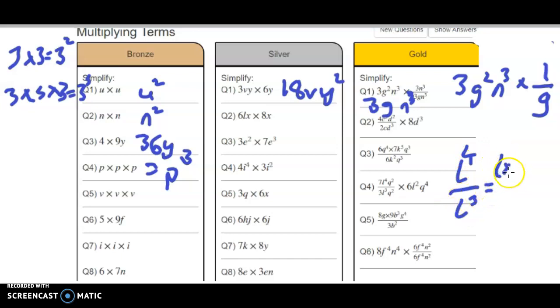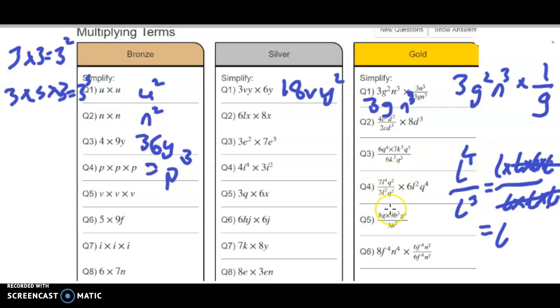That would be L times L times L times L over L times L times L. When you're dividing, all of these could disappear and you're just left with L. The reason I say that is because this L divided by that L is 1, this L divided by that L is 1, this L divided by that L is 1, you're only left with that 1L at the top.